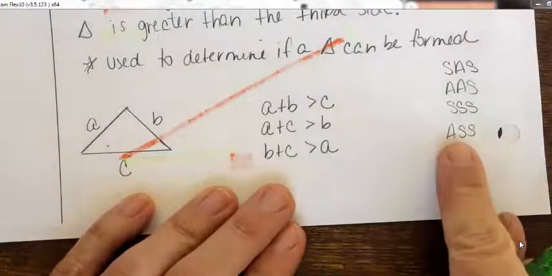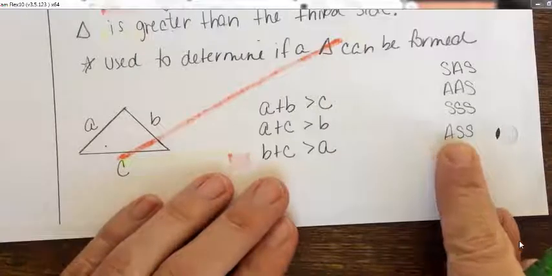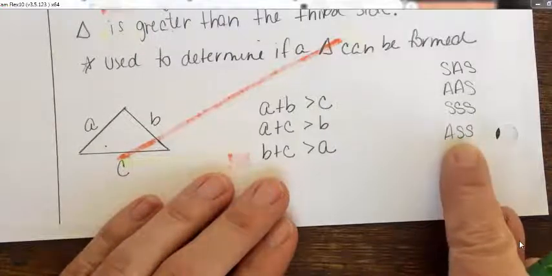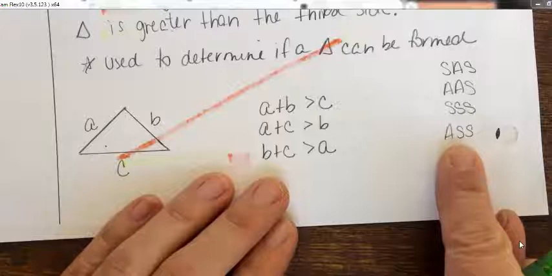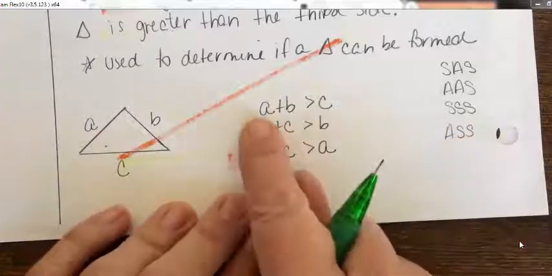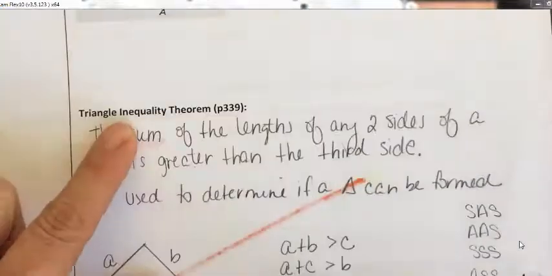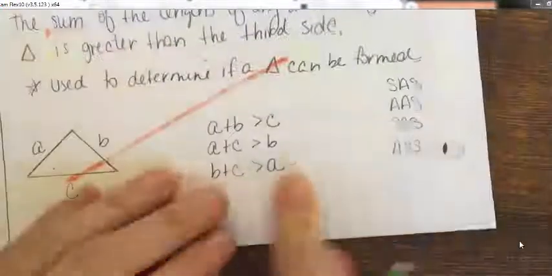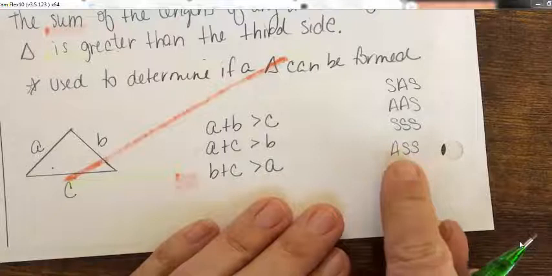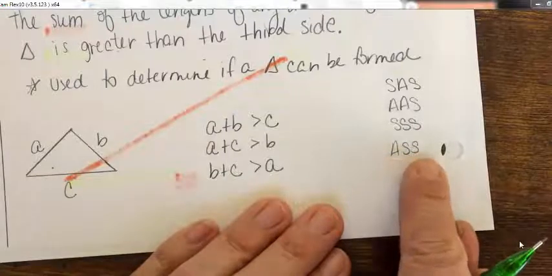This is an example of sometimes a triangle cannot be formed if you've been given this information. And a way to double check that a triangle can even be formed would be to create these inequalities using that triangle inequality theorem.